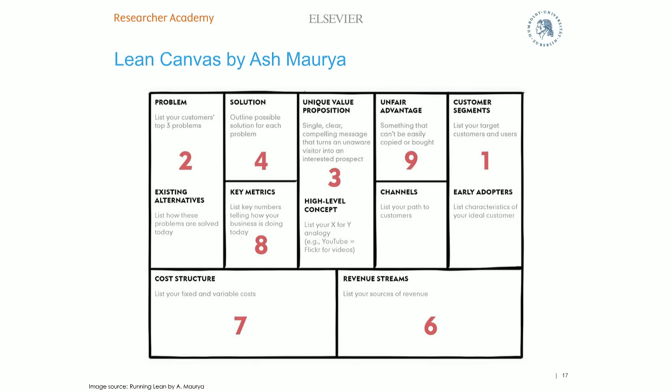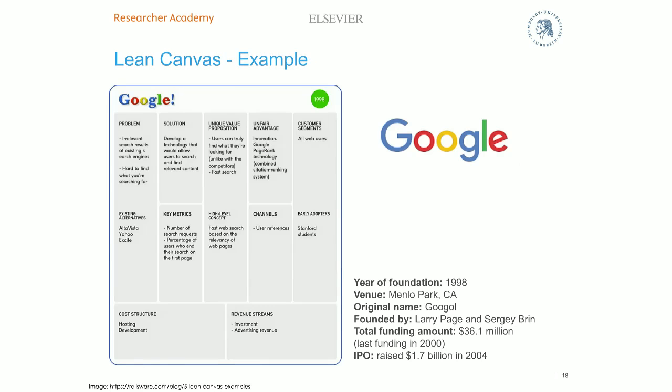In order for you to get a more detailed understanding, I've also included an example in the webinar. I'm not going to read all of this to you now. If you want to take a look at this, just take a pause and look into this. This is showing the original business model of Google.